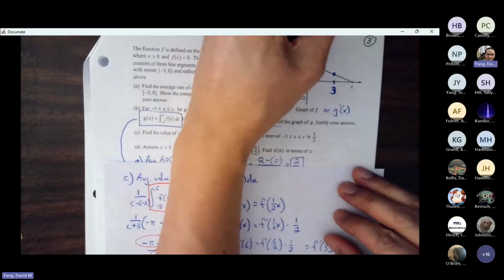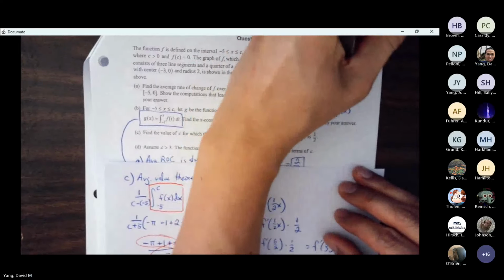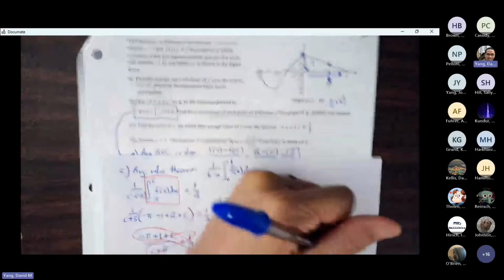So if we think about slope, slope is just rise over run, right? So I got to go down 2 over C. So -2 over C, that's my slope.